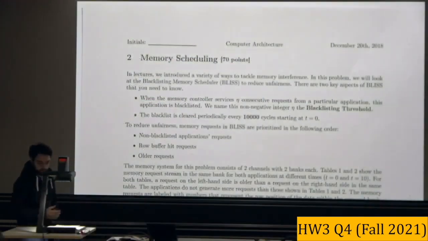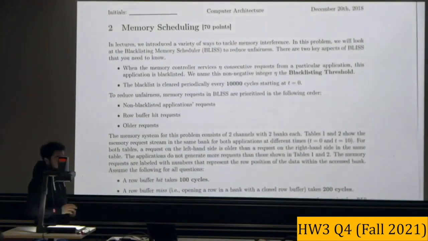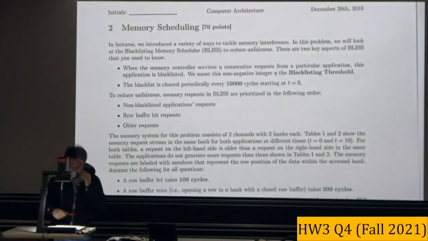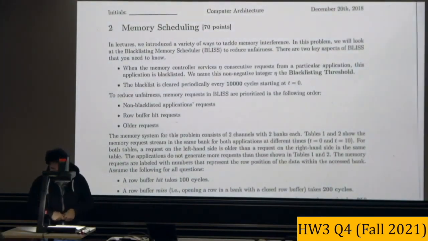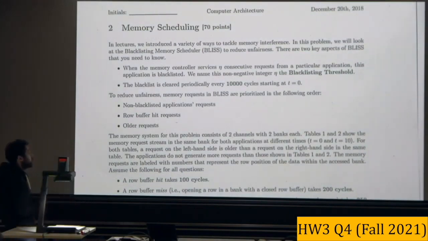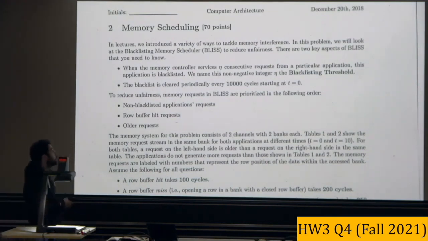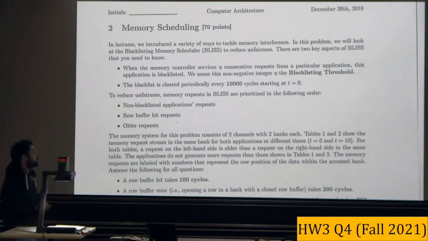So we're going to discuss a question on memory scheduling. Let's read it first. In the lectures, we introduced a variety of ways to tackle memory interference. In this problem, we will look at the blacklisting memory scheduler, BLISS, that reduces unfairness. There are 2 key aspects of BLISS that you need to know. When the memory controller services n consecutive requests from a particular application, this application is blacklisted.